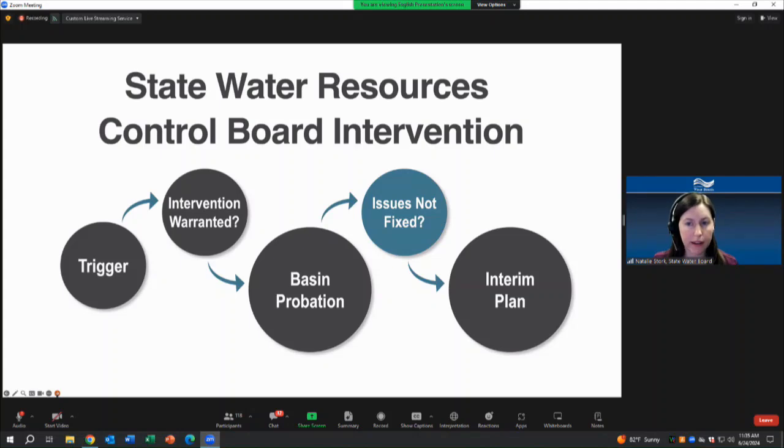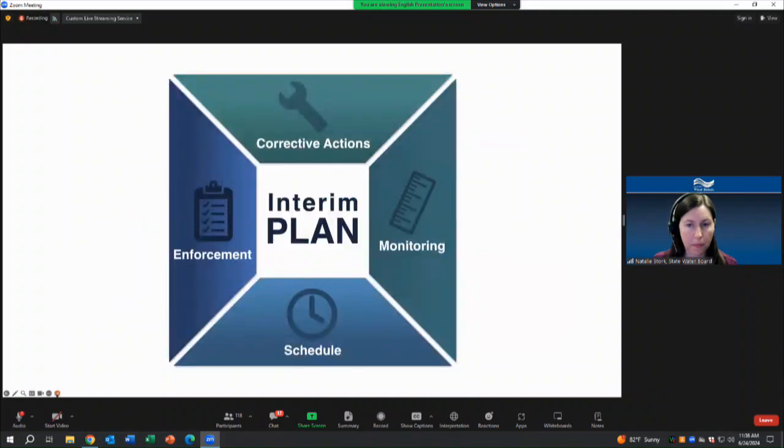Back to our process slide. First, we've discussed probation. Now let's discuss what happens if plans aren't fixed. After at least a year, the board can develop and adopt its own plan for the basin.